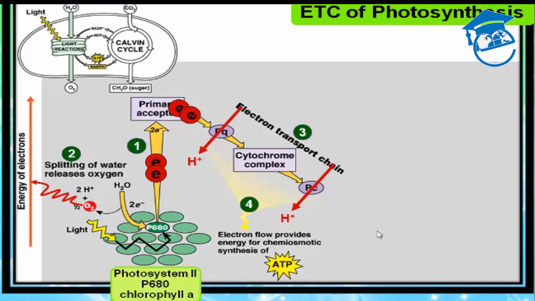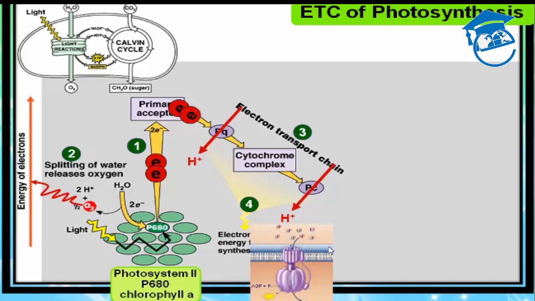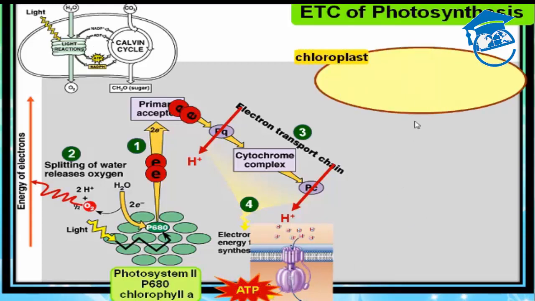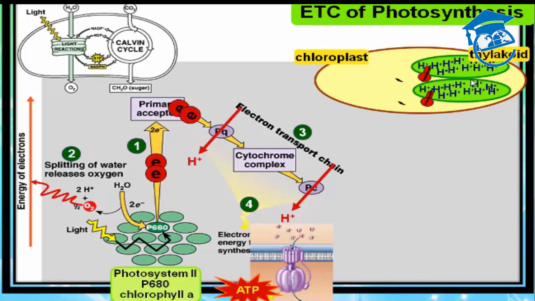Okay, I will explain in detail what the chemiosmotic hypothesis is, which was put forward to explain the synthesis of ATP. So these are the H plus ions which go into the ATP synthase to produce ATP. Okay, so this is the chloroplast and this is the thylakoid, where the proton accumulation is there, which has ATP synthase, and thus it produces ATP.